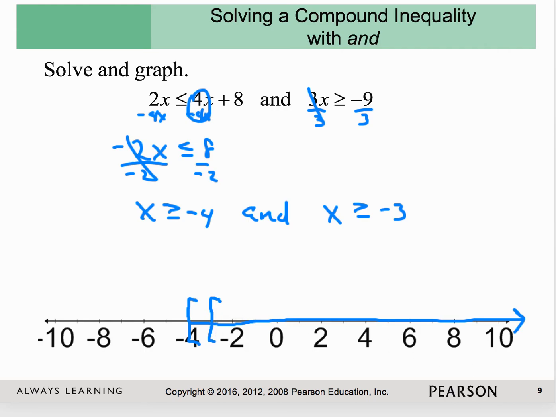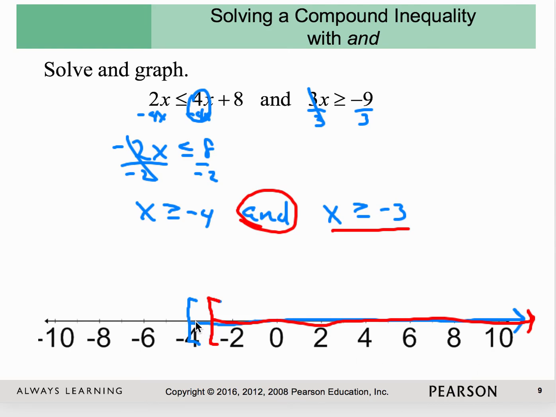Actually, let me do that one, just for emphasis, in a different color. And remember, because it's an and, it's only where they overlap. In other words, where I have blue and red on both of them. So for my final graphical answer, it doesn't look like this. I've got to decide, hey, what's the final result look like?